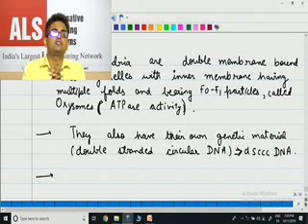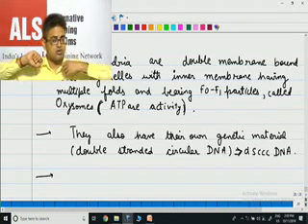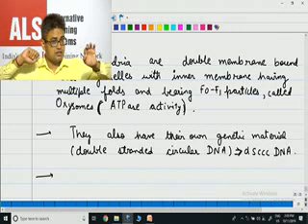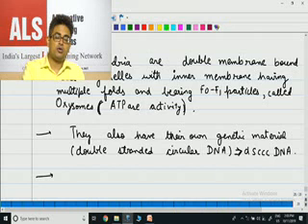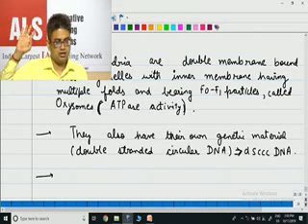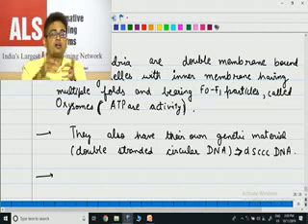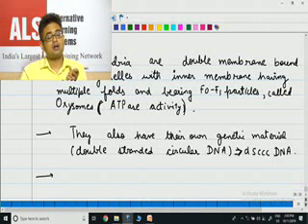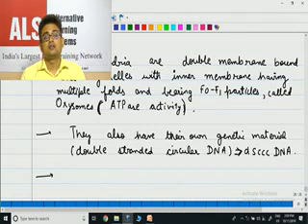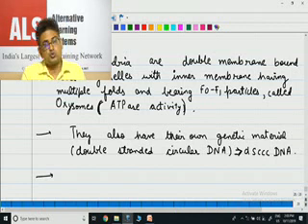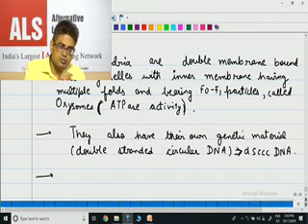For example, pigeon in the breast muscles or the pectoral muscles, where Krebs cycle was first discovered, in those cells, in the pigeon's muscle cells of chest region, the number of mitochondria is very, very high. Compared to muscle cells of our body, they will be very high. But our muscle cells will have more mitochondria compared to some other cells such as pancreas cell or intestine cell. So some cells need to produce more energy, and when they need to produce more energy, the number of mitochondria will also be more.